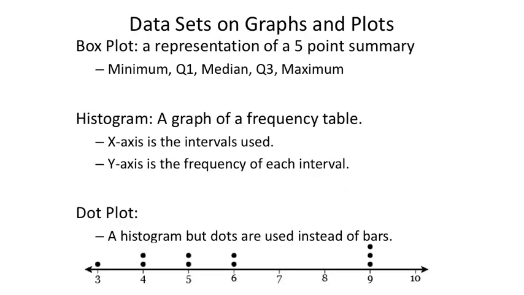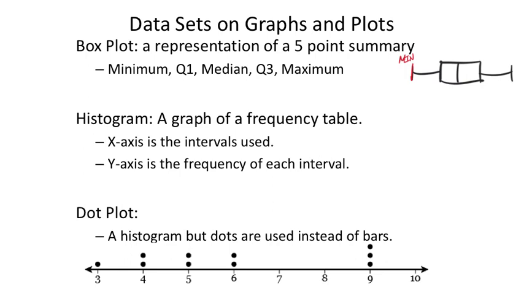Okay, so data sets. We've seen box plots already, which is kind of what I showed there on the last slide. So of course they're going to have some kind of box like this. Maybe in between they're going to have a median, and then they're going to have whiskers coming out something like this. And just like we've seen before, the line furthest to the left would be the minimum.